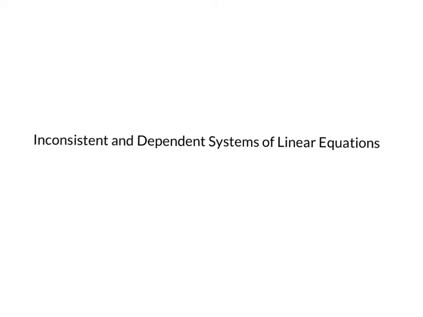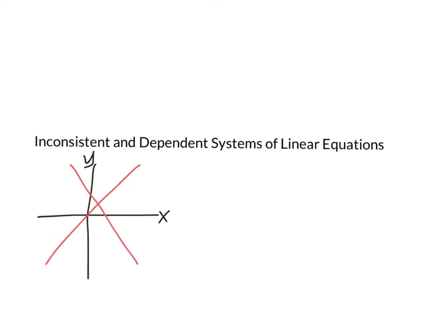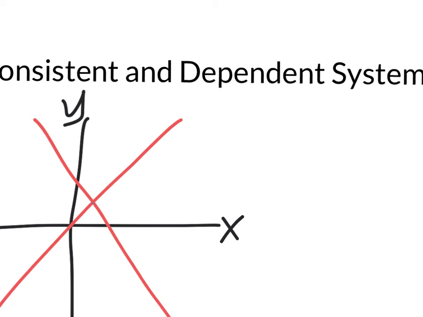You'll recall from the last video that if we look at a coordinate plane with an x and a y-axis, and we had a line like this and a line like this, the spot where they intersect, right here, would be the unique solution.